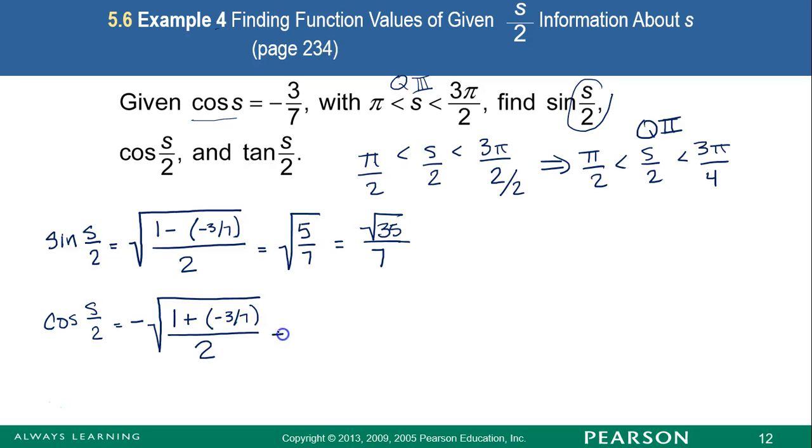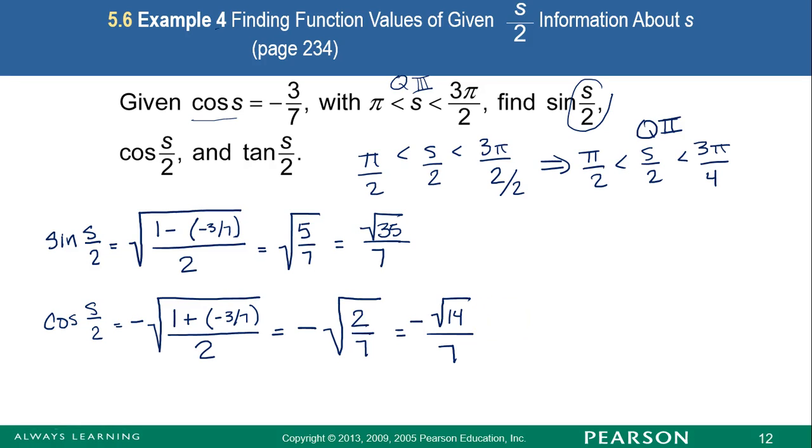So this is going to be negative, and inside the square root we get 2 over 7. Rationalize this. This is like saying square root of 2 over the square root of 7. That's going to be negative square root of 14 over 7. And there we go. We found cosine of s over 2.